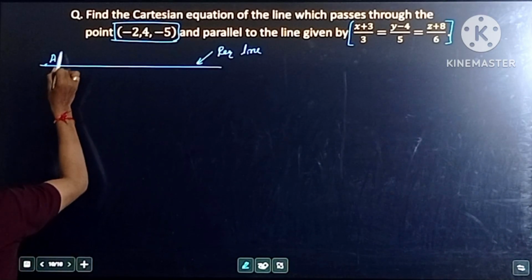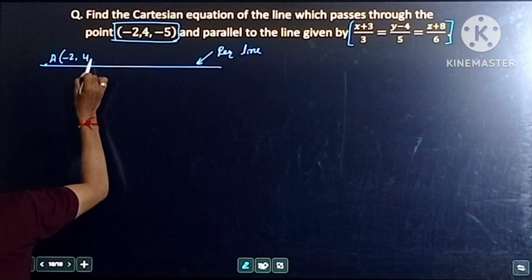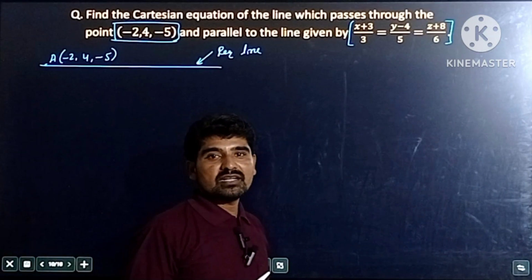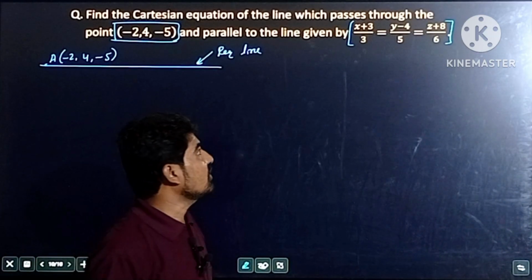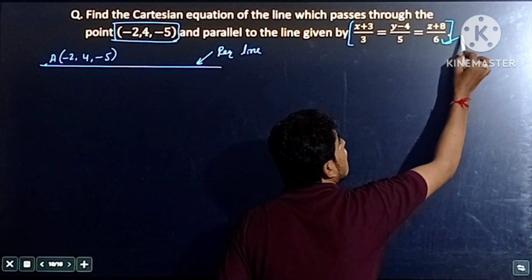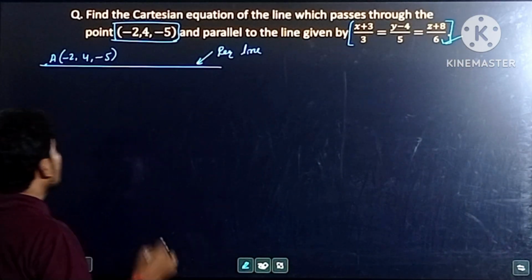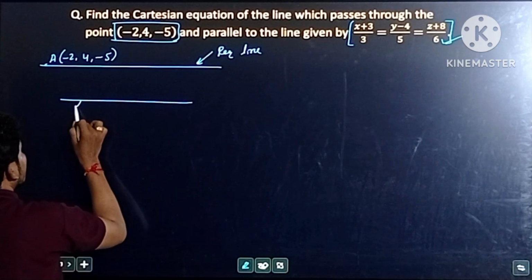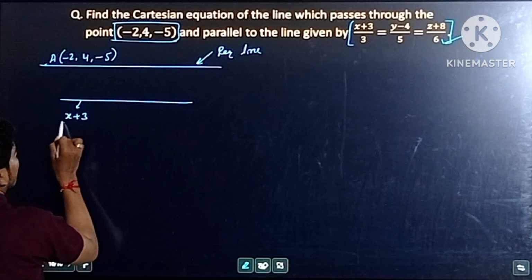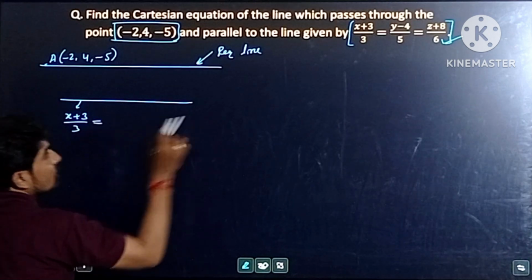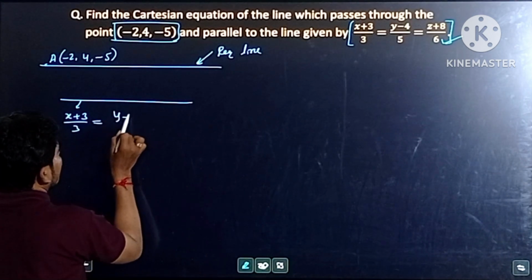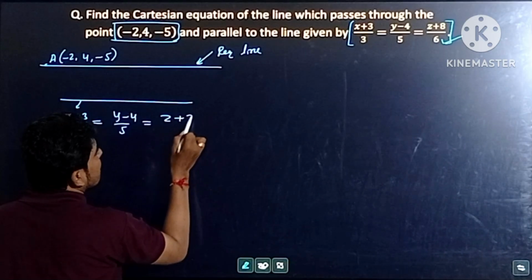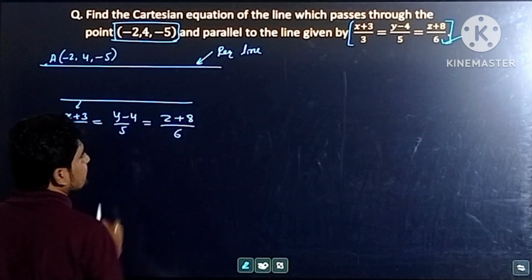whose coordinates are -2, 4, -5. Instead of giving a parallel vector, he has given a line parallel to the required line, that is (x plus 3) divided by 3 equal to (y minus 4) divided by 5 equal to (z plus 8) divided by 6.